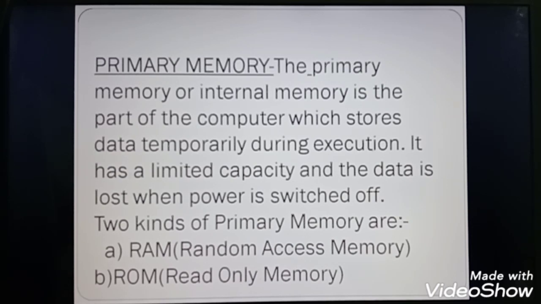It has a limited capacity, that means the capacity to store data is very small. And data is lost when power is switched off, that means when power goes, data is also deleted. There are two kinds of primary memory: RAM, which stands for random access memory, and ROM, read only memory.